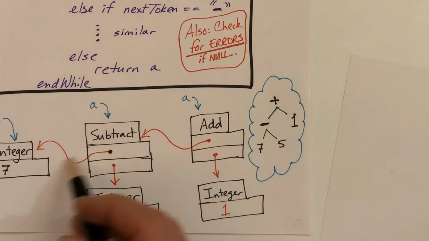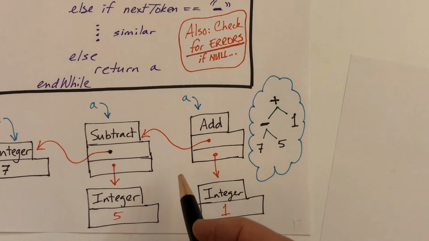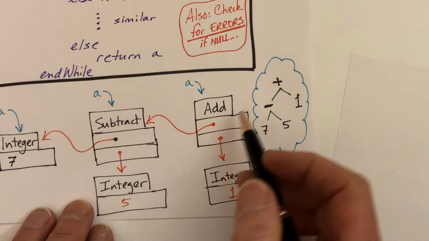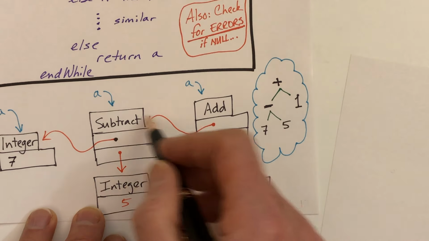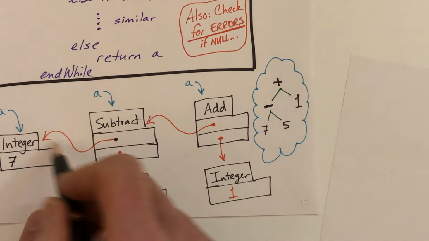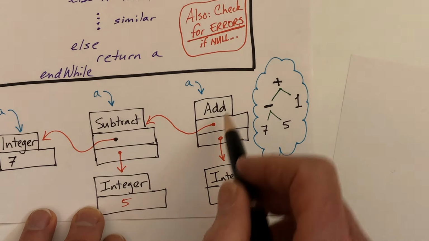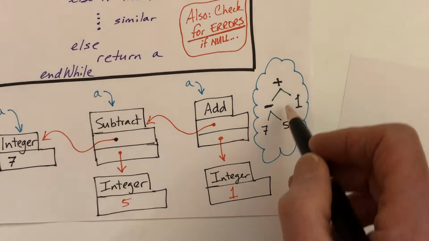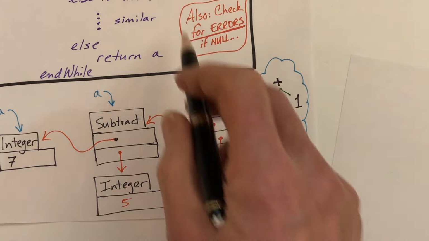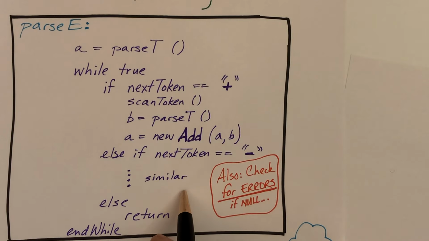So this is a tree. It's not written very much like a tree, so if I reorganize it, you can see that the top node is an add, left goes to a subtract, and then it's subtract 7 minus 5, and the other operand to the addition is 1. So it is this interpretation that this code will build up.